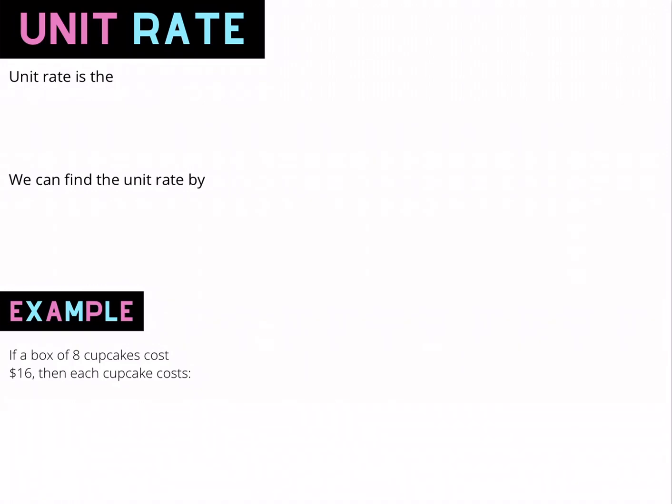So the unit rate is the value of an individual item. So it's the value of one item. For example, if you have a bag of chips and you're paying $5 for it, you can count how many chips are in the bag and you can calculate how much one chip costs.